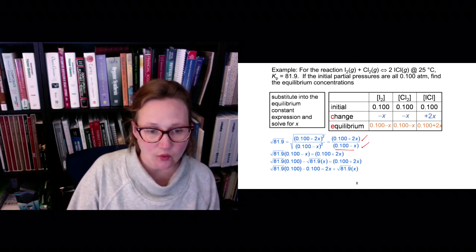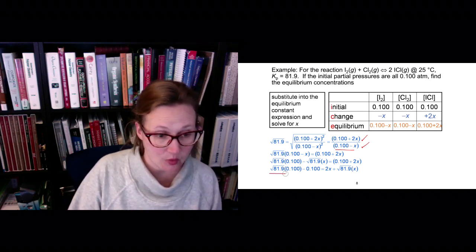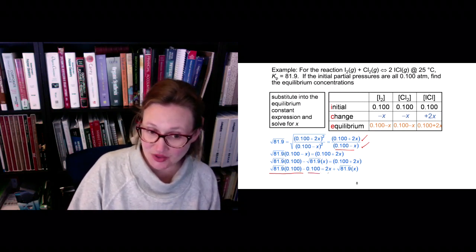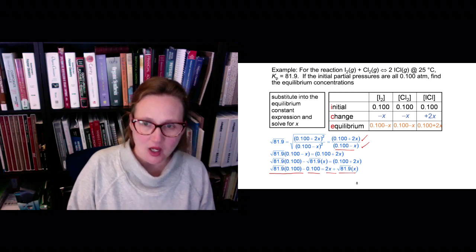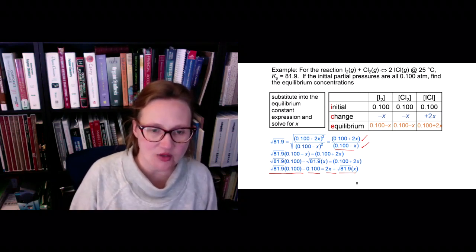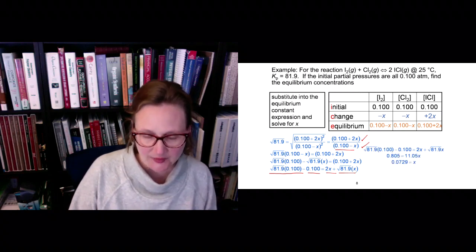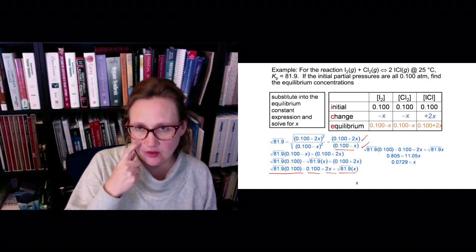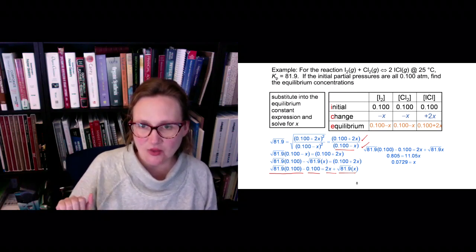When we rearrange a little bit further, we have the square root of 81.9 times 0.1 minus 0.1 equals 2x plus the square root of 81.9 times x. So essentially we've rearranged this equation so much that we don't have to use the quadratic equation here. We can solve for x, so we've circumvented the whole quadratic equation by just rearranging.